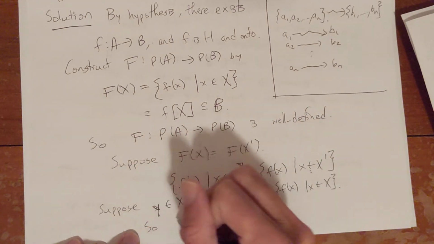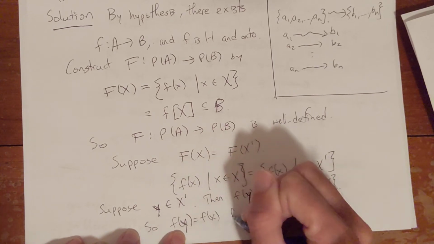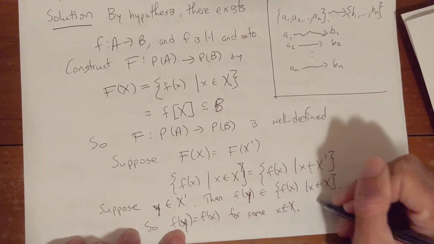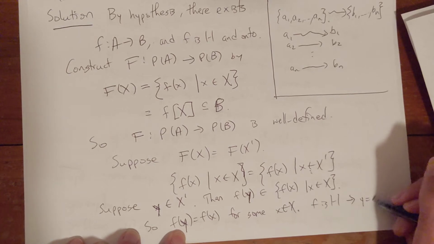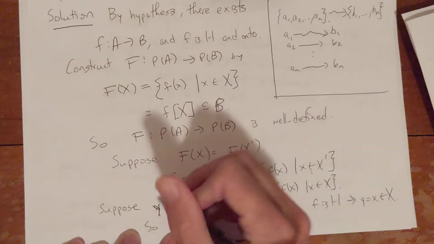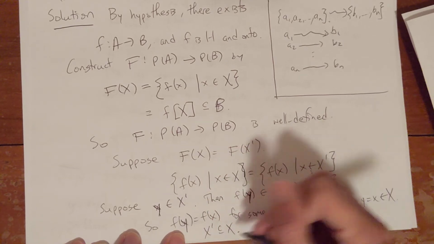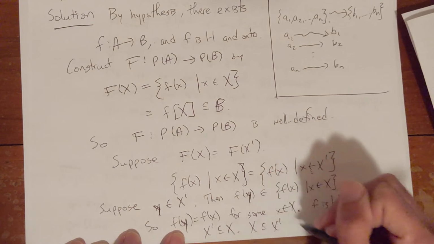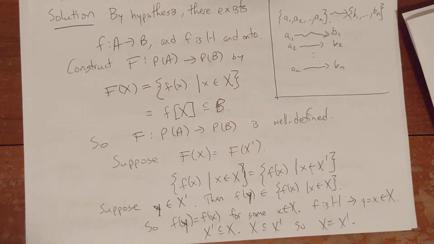So everything in X prime is in X, and similarly X is also a subset of X prime, so X equals X prime. That tells you that F is one-to-one.